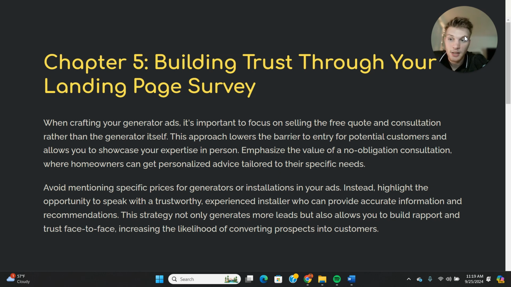But same principle, whether you're using the lead forms or sending people to a third-party website, whether that's your company website or, even further, one specifically just for this, I would send people to a third-party website to fill out a survey to give you their contact information and ideally answer some qualifying questions to get in contact with you about getting an estimate, right? So the whole purpose of the ad and the survey that they fill out should be selling the consultation. The purpose is to get their free estimate, not to necessarily buy a generator, right?